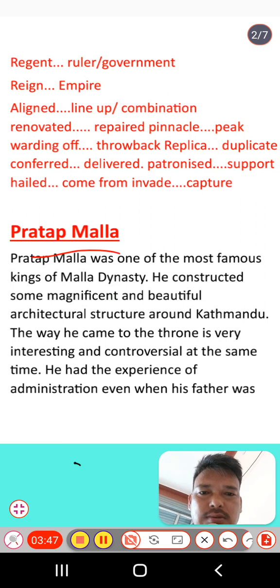Pratap Malla was one of the most famous kings of the Malla dynasty, and he constructed some significant and beautiful architectural structures around Kathmandu. The way he came to the throne is very interesting and controversial at the same time.